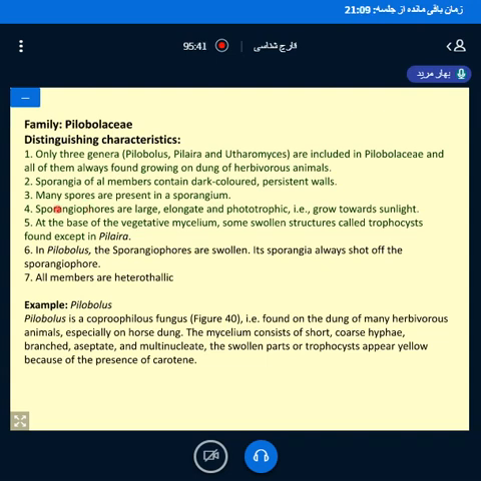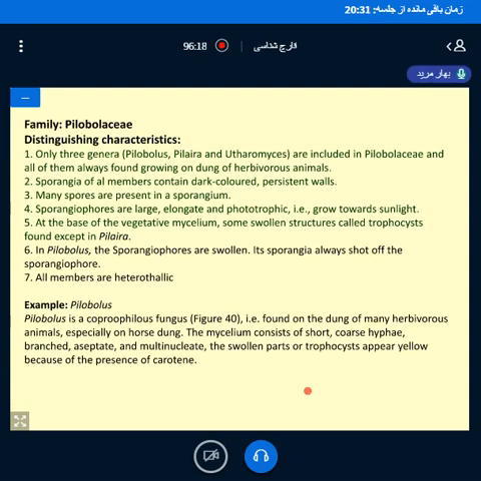I told you that only three genera, Pilobolus, Pilaira, and Utharomyces, are included in Pilobolaceae, and all of them are always found growing on dung of herbivorous animals. These fungi are called coprophilous fungi. Sporangia of all members contain dark-colored persistent walls. Many spores are present in a sporangium.